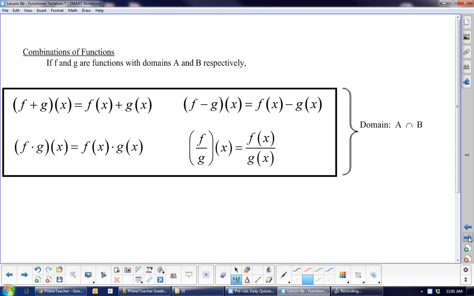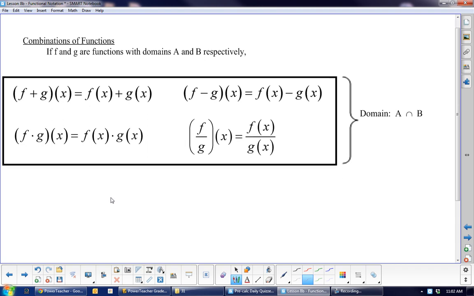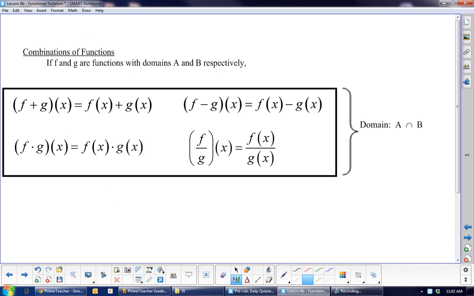Okay, and again, for both classes, this should be review. If you have f plus g of x, this means f of x plus g of x. F minus g of x is f of x minus g of x. If you have f times g of x, that's f of x times g of x. And f over g of x is the same thing as f of x over g of x. Now, the domain will be the intersection of the two.